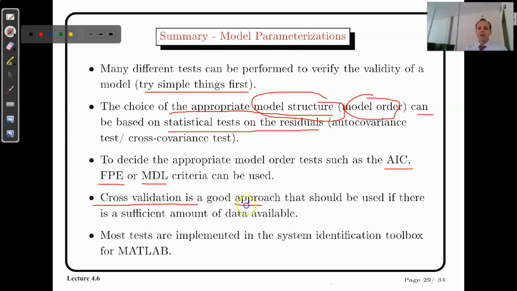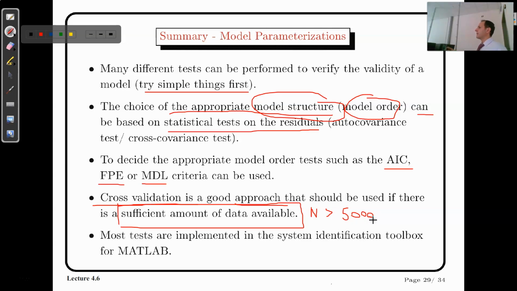Cross-validation is a good approach that should be used if there is a sufficient amount of data. It means a sufficient amount of data normally when n should be bigger than, let's say, several thousand. It is like an indication.